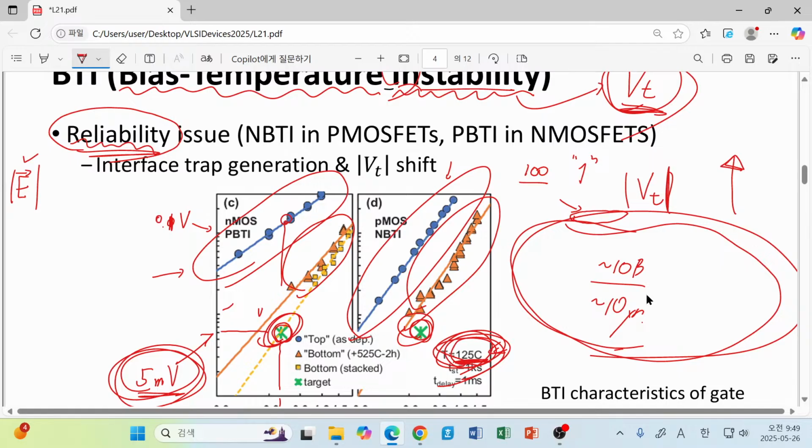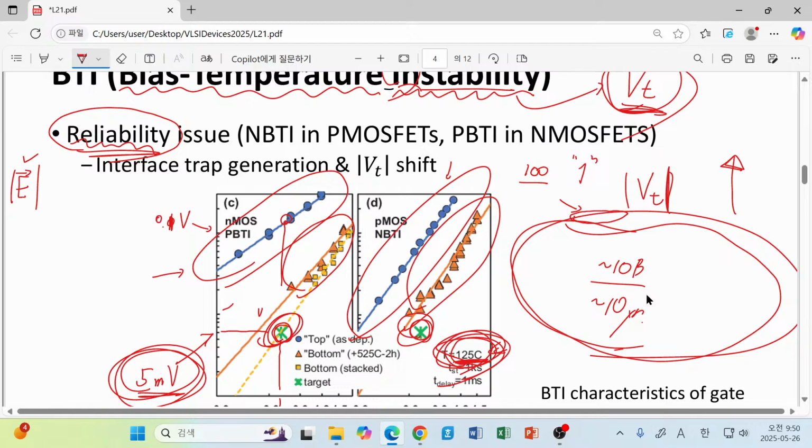Without this reliability issue, nobody will buy an electronic chip, because a few days later my cell phone is gone, and everybody says that it is completely normal in electronics. Please buy another one. We cannot live in such a world. So reliability is a really important one.